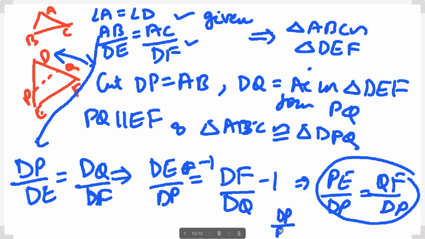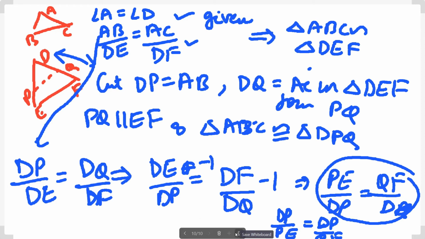DP by PE is equal to DQ by QF. By Theorem 6.2, what does this mean? PQ is parallel to EF.